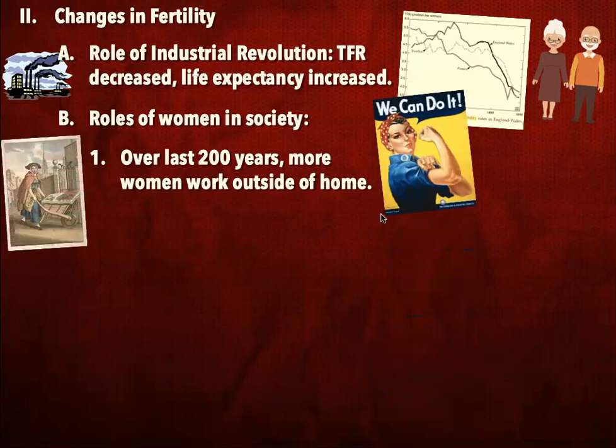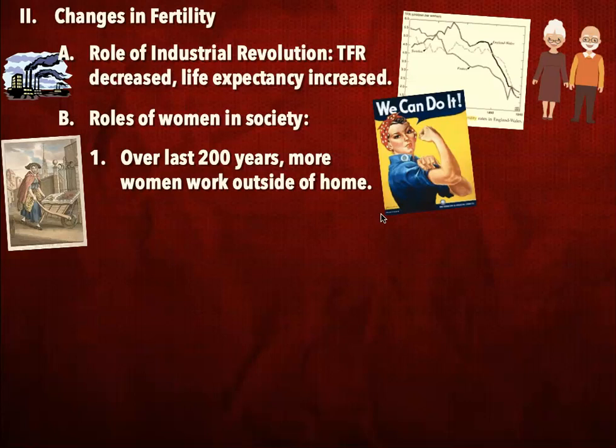The impacts of that have been the way women have changed their roles in societies in the United States and all over the world. With the Industrial Revolution, more and more people abandoned cottage industries, working out of the home, and traded them for factory jobs, women just as much as men.